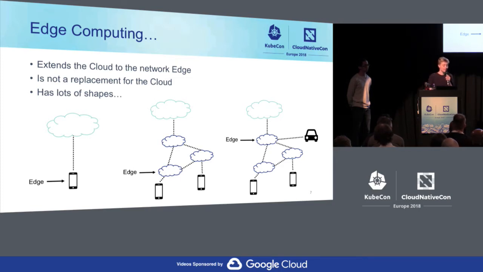And so, given that edge has a lot of different shapes, we kind of have a couple diagrams here on the left. Some of your phones may already be serving edge workloads. Some phones now have dedicated chips that do specific things, like different machine learning tasks. That's edge, right? That's moving a workload out of the cloud. But for us, mostly what we deal with is thinking about edge compute not as cloud, not as end device, but somewhere in the middle.